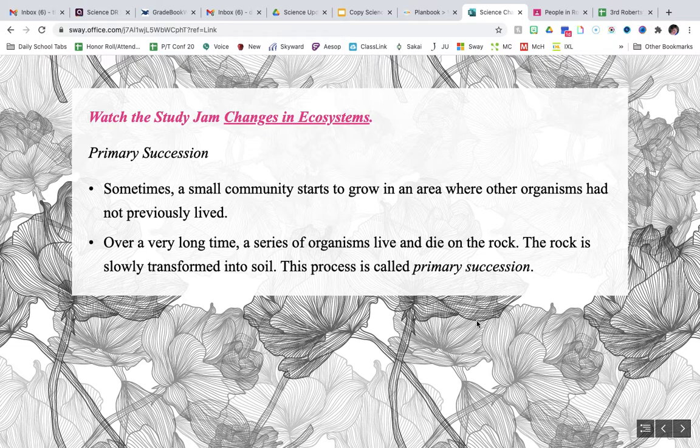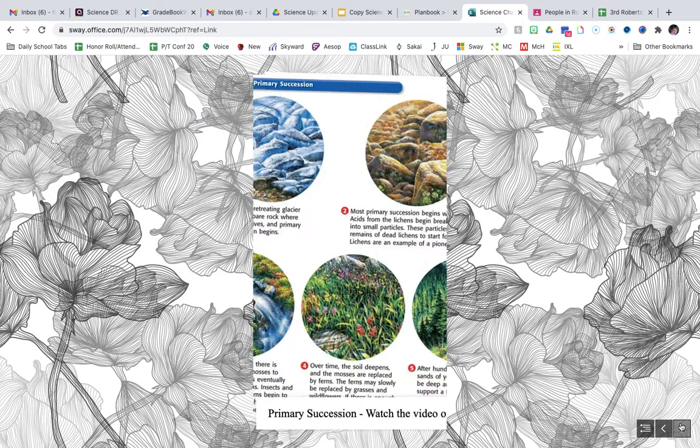It normally starts with lichens and moss. That rock is then slowly transformed into soil. So this process is primary succession because it's the first thing to ever grow there. So, for example, the fern at the very beginning, that would be primary succession.